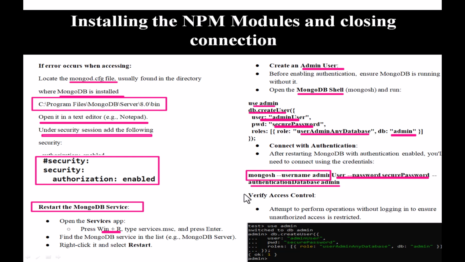What we have done here: use admin, then db.createUser. We have created a role, admin user. The password is secure password, roles userAdminAnyDatabase, db is admin. It has shown the status ok: 1, which means it has been created. Verifying the access control: attempting to perform an operation without logging in is unauthorized access, which is restricted.